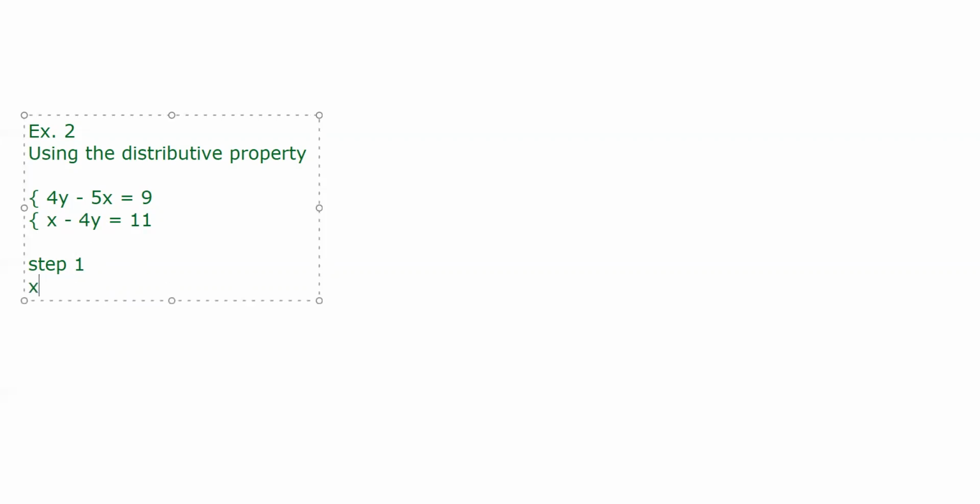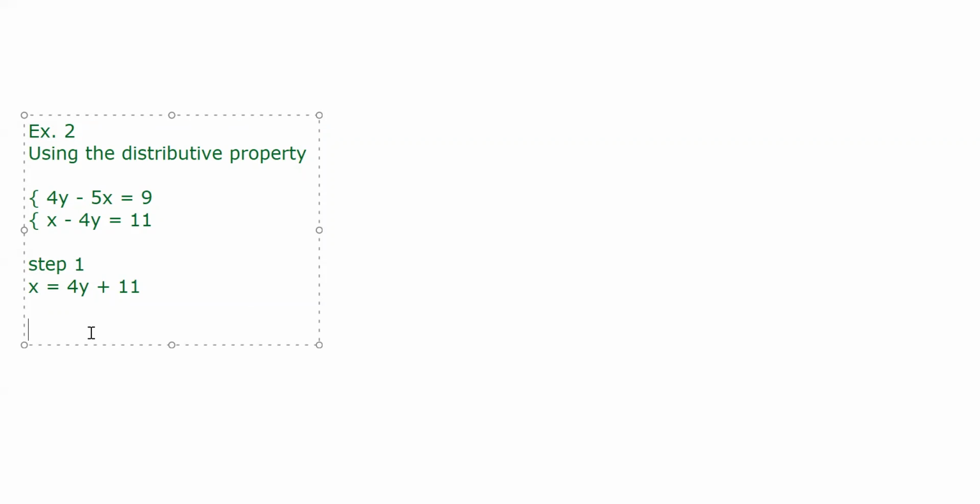You can see that x is going to be equal to 4y plus 11. You can write it 11 plus 4y, but it's going to be the same because they both are positive. So we can write first the 4y, okay? This is the step 1, only to find the expression for the first variable.